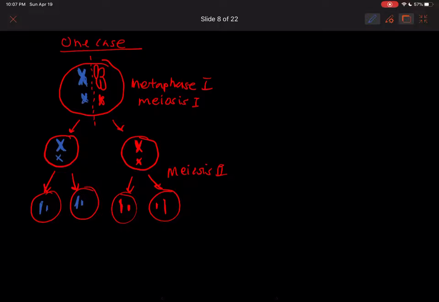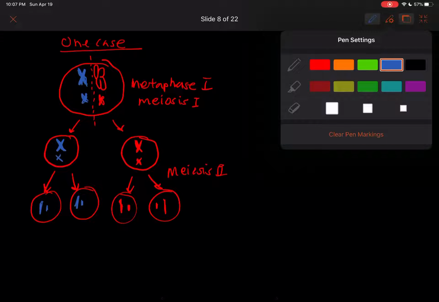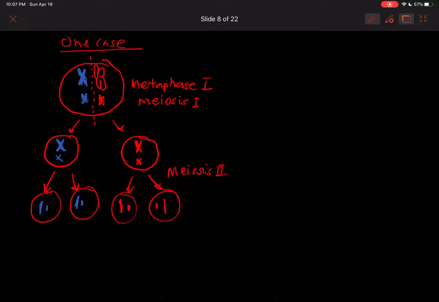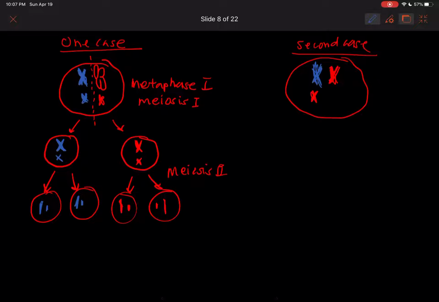Okay, now the other way that they can be aligned during metaphase 1, second case, is you have red chromosomes on one side, and then you have red chromosome on this side, and then you have blue chromosomes on this side and blue chromosome on this side, so that when you split the cell down the middle, you're going to end up with daughter cells that have a mixture of your little red chromosome, and this one has the big red chromosome.